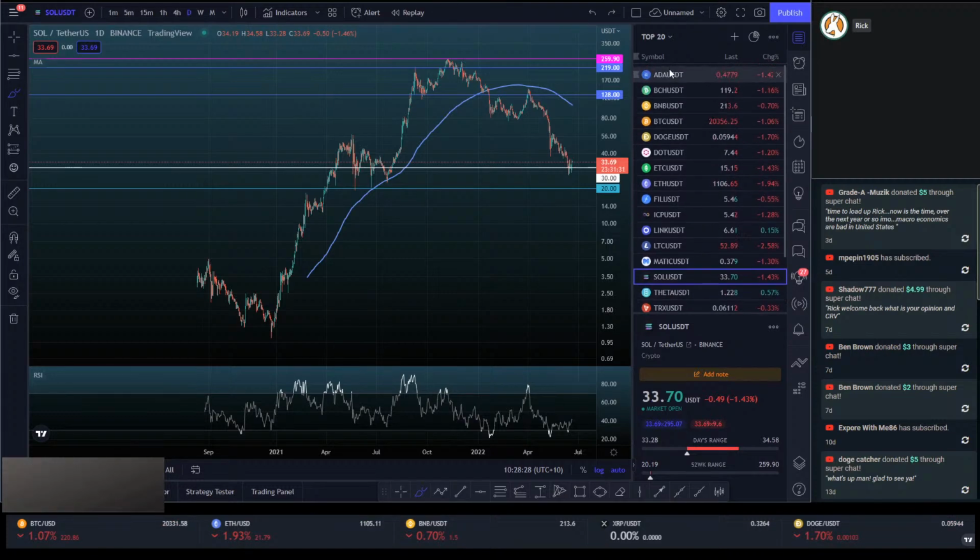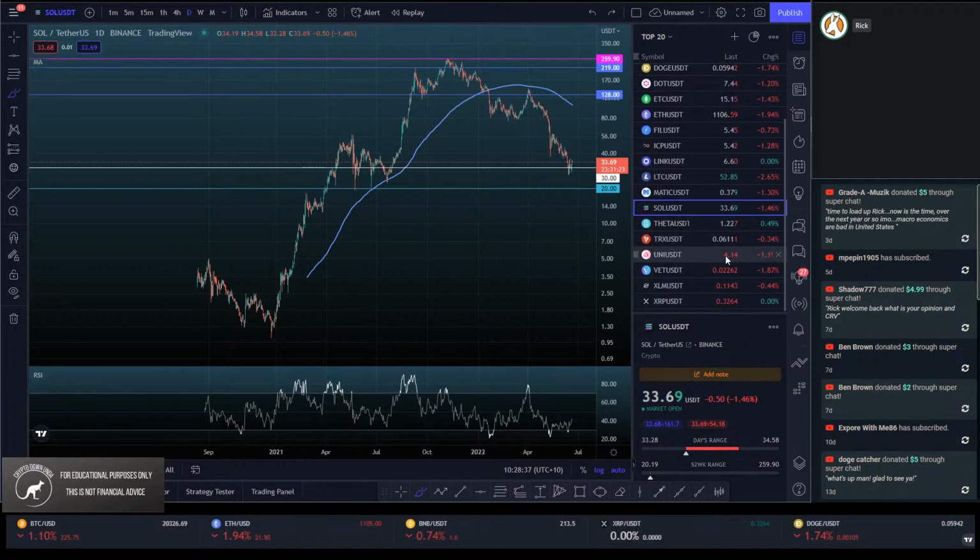As these are the top 20 at the time that I made this list, and I dare say a lot of these probably still are in the top 20. You know, you've got Stellar, XRP, VeChain, Uniswap, I think that is, Tron, Theta, Sol, Matic, you can read them. Litecoin.